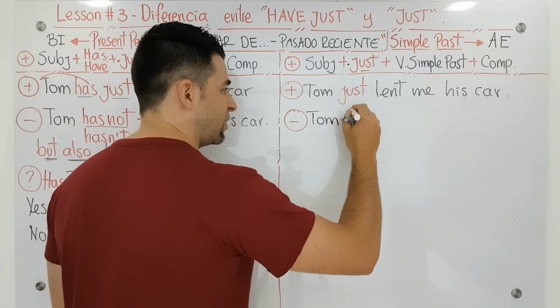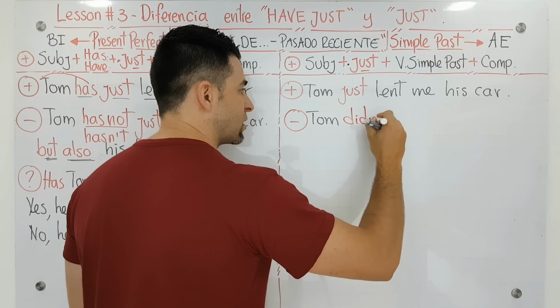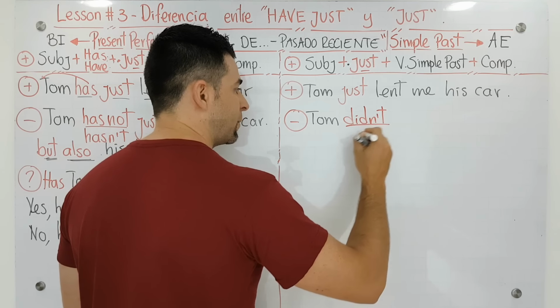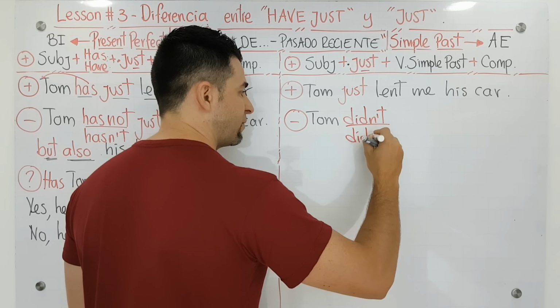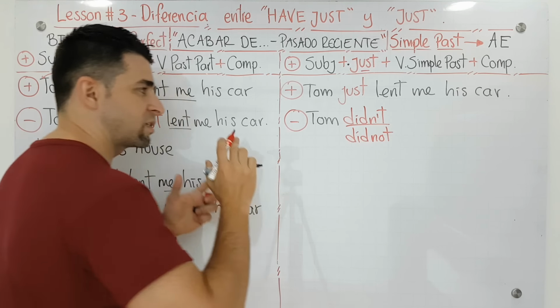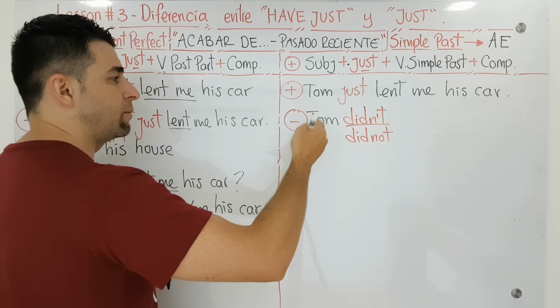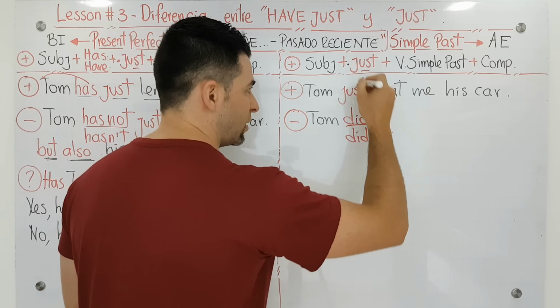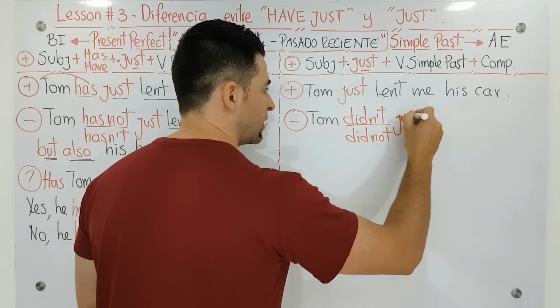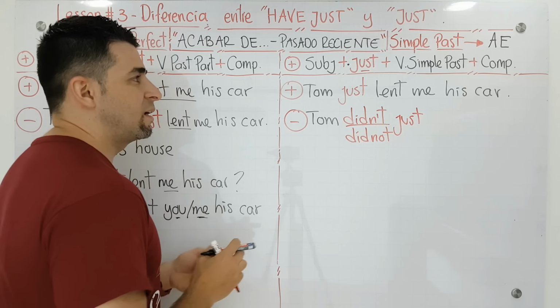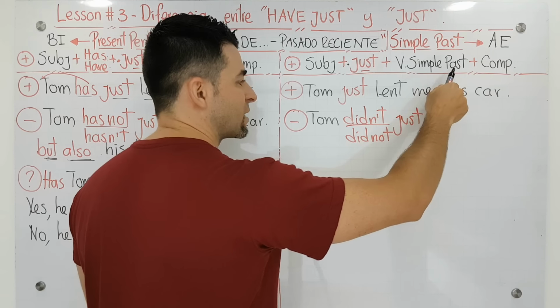Then comes the auxiliary. Yes, didn't, because it's negative. Didn't, or remember that the other option that we have is did not. Yes, both could be correct. Tom didn't or Tom did not. Then we follow with just, yes, just, and the verb in a simple past.